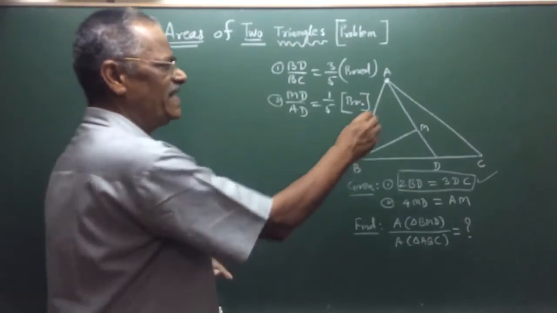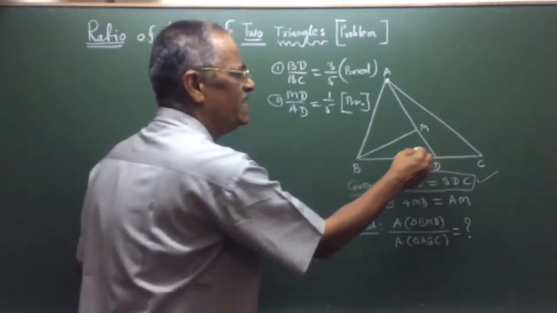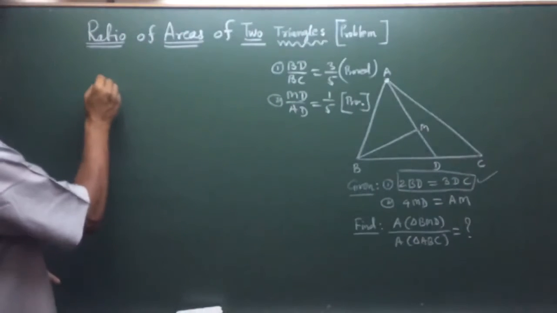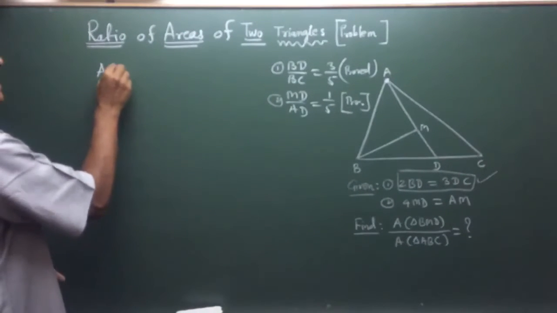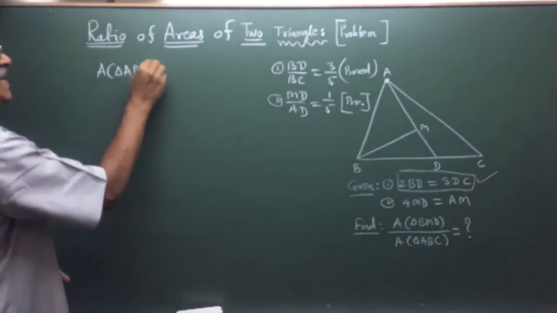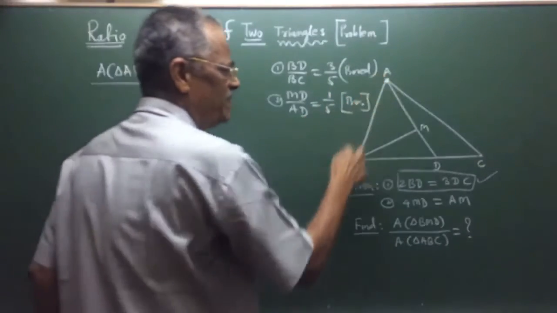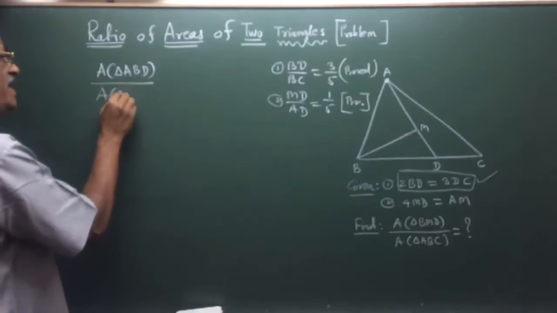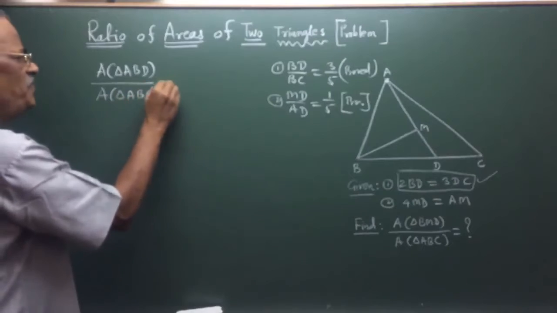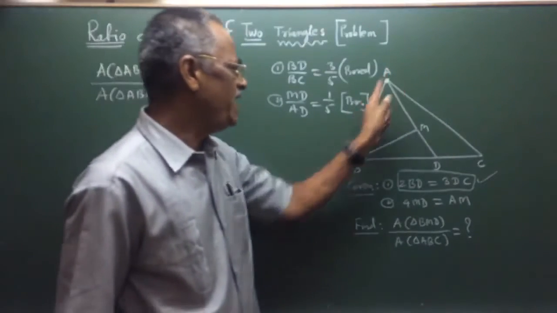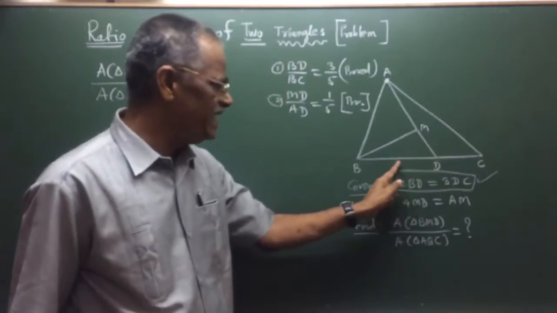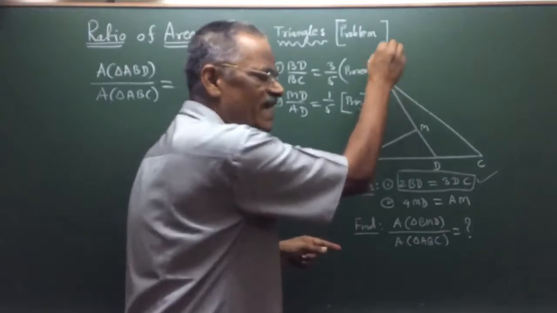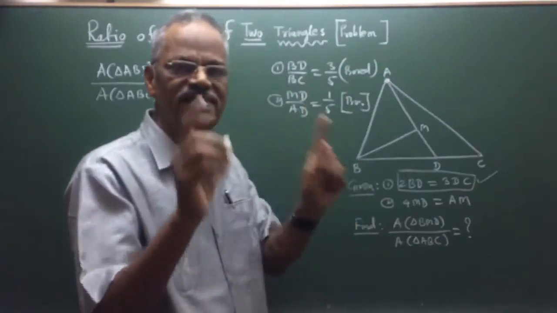Now take triangle ABD and triangle ABC. If you observe them carefully, the base of ABD is BD, the base of ABC is BC, but the common vertex is A. So definitely they have the same height.